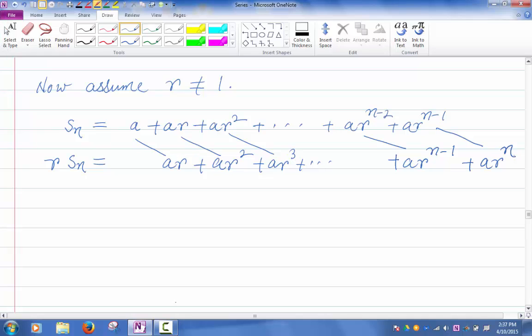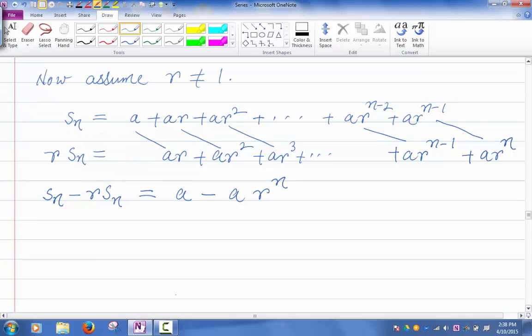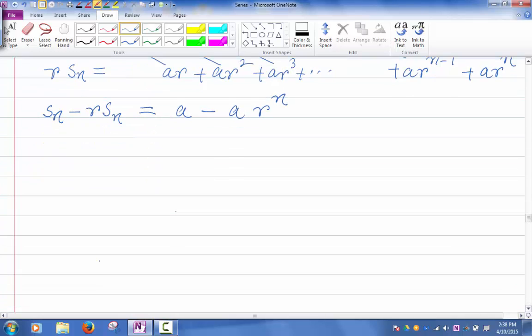If you subtract, what do you get? You get Sn minus r times Sn. What is left on the right hand side when you subtract? A minus ar to the n. Okay, so if you believe that, then I can factor out Sn here, and I get 1 minus r times Sn.